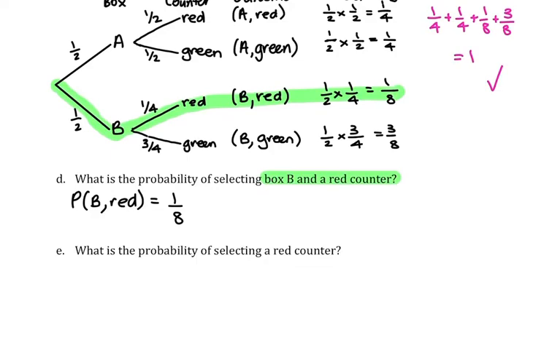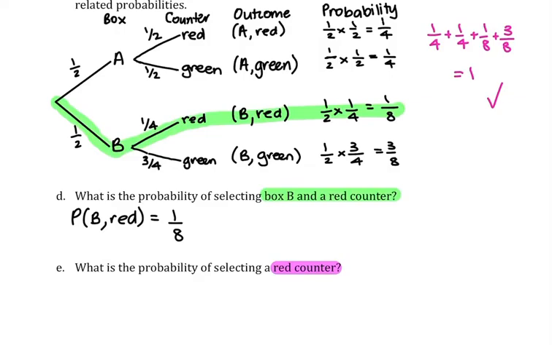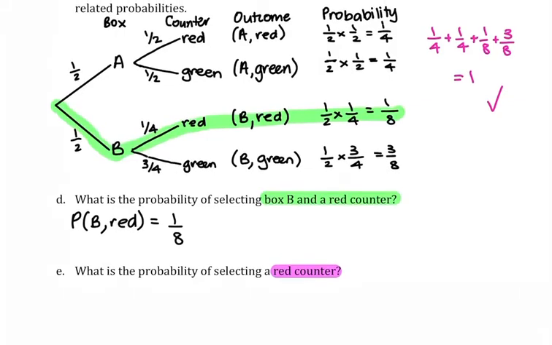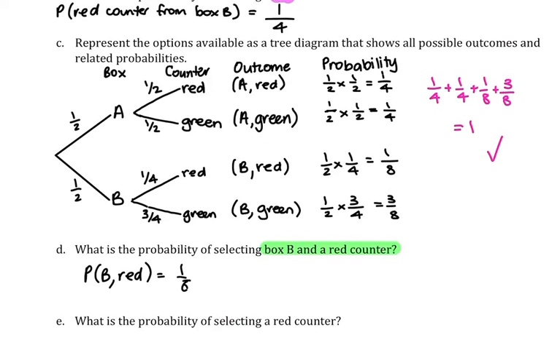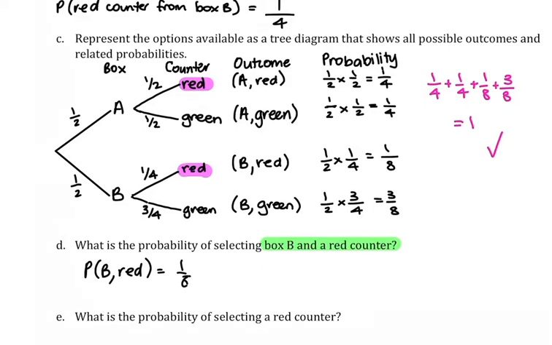Now we just want to work out what is the probability of collecting a red counter. It doesn't matter which box it comes from. So what we want to do is work out where all our red counters are. So our red counters are here and here. It doesn't matter, we just want it to be a red counter.